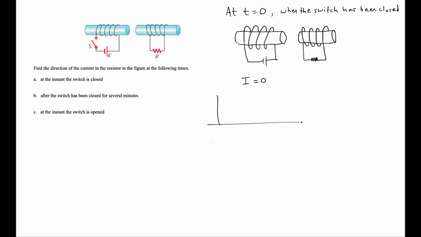Now we can go on to graph the current versus time for both of the coils. The one on the left would be called a primary coil, so I'll label it IP, and this would be a secondary coil, IS.